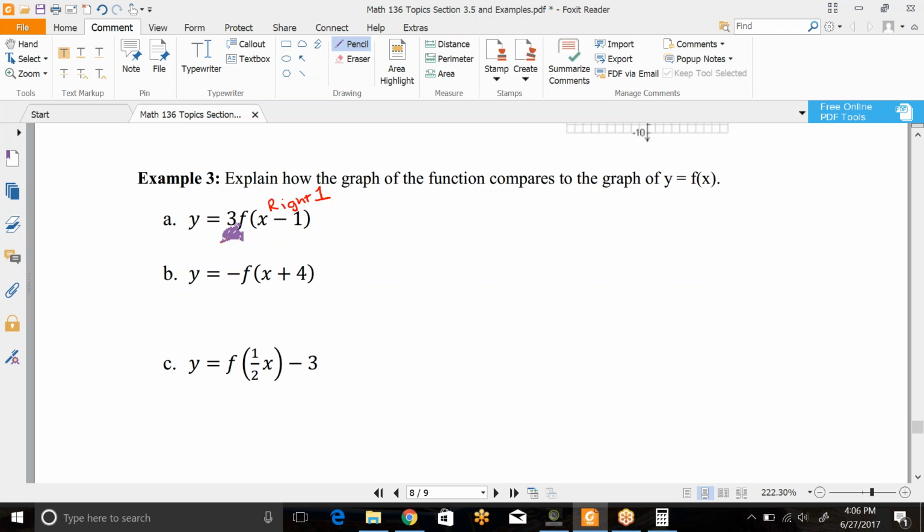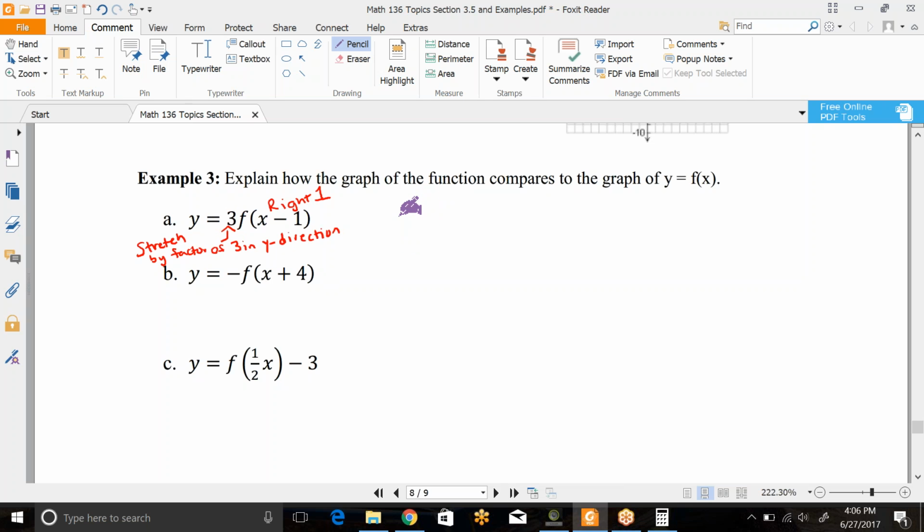And then because there's a 3 in front, there's going to be a stretch or a compression in y. When it's bigger than 1, it's going to be a stretch. So a stretch by a factor of 3 in the y direction. Anything that happens outside of that f of x is happening to y.